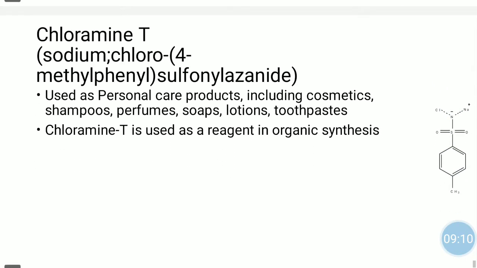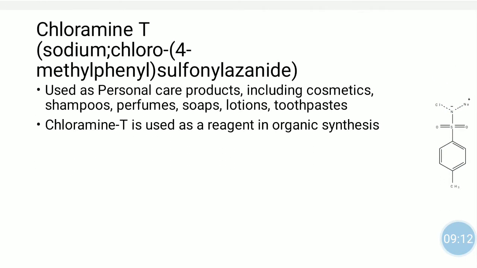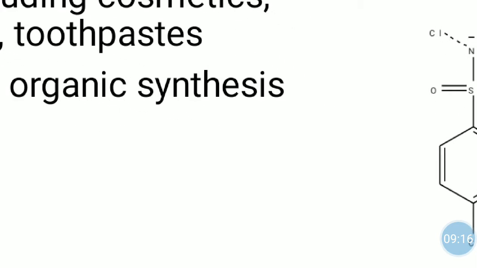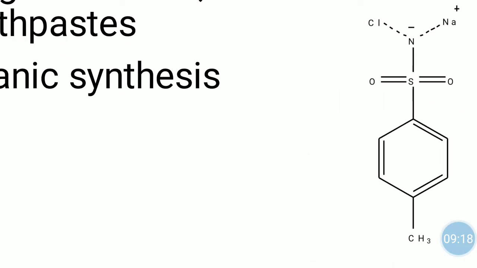And the last one in our discussion is chloramine T. First look at the structure of chloramine T. If you look at it, you will observe that its structure is like a sulfonamide, isn't it? What is the meaning of sulfonamide? The benzene ring, then the SO2 group, and then the NH2 group. So that is the sulfonamide.